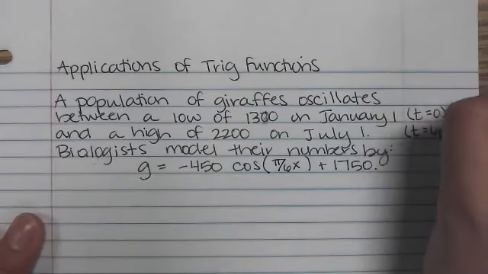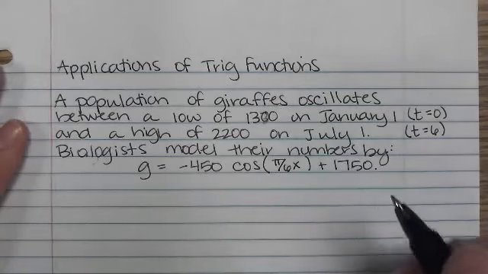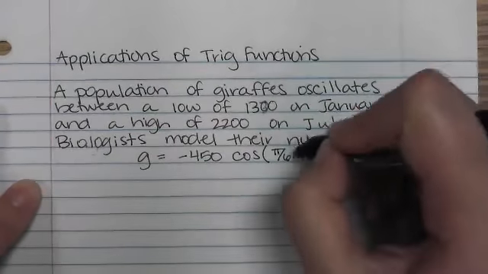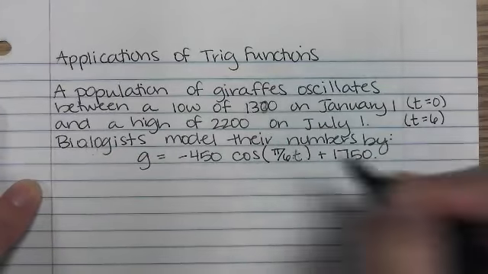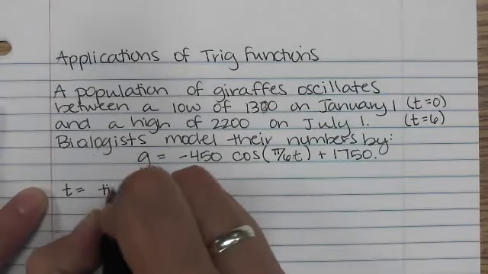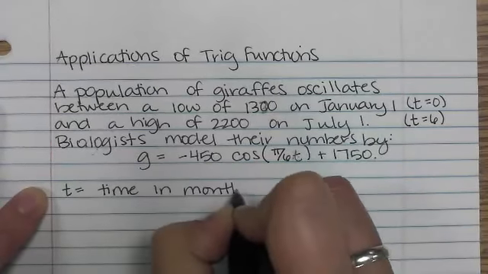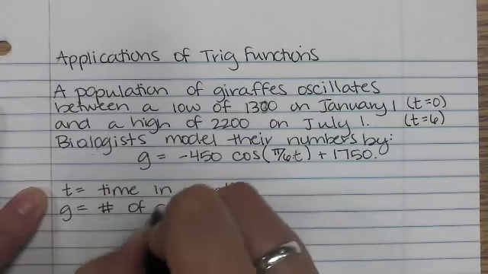July would be t equals 6, because that is 6 months later after January. And actually let's not do x, let's do t. Sorry, making you erase. We're going to do t for time. So t equals time in months, and g is the number of giraffes.